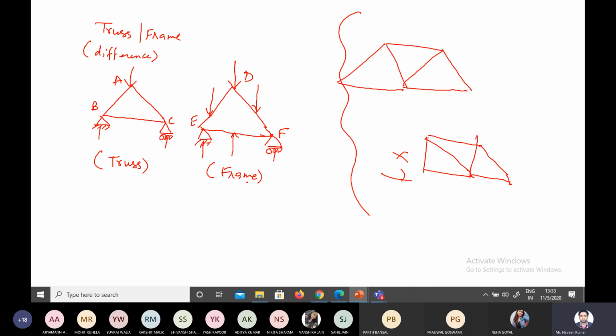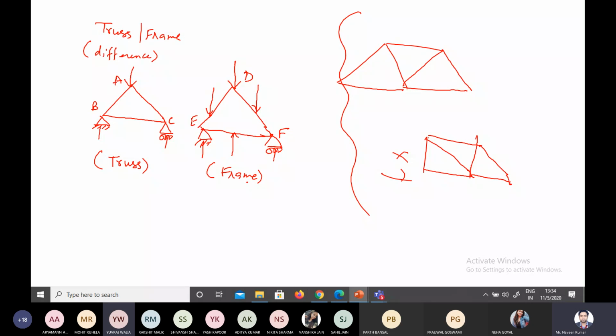Explain the difference between truss and frame. So write down the first. In case of truss, load is applied only at the joints. So you can see from the diagram. So make this diagram. And for the frame, in case of frame, load can be applied on the joints and also on the members.